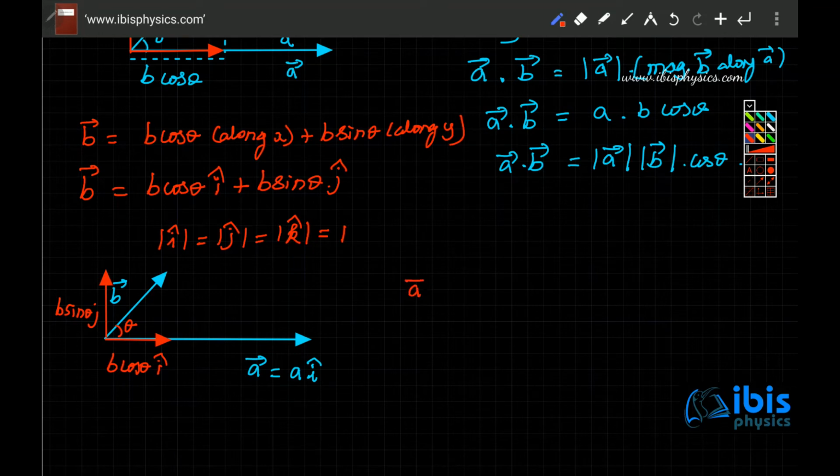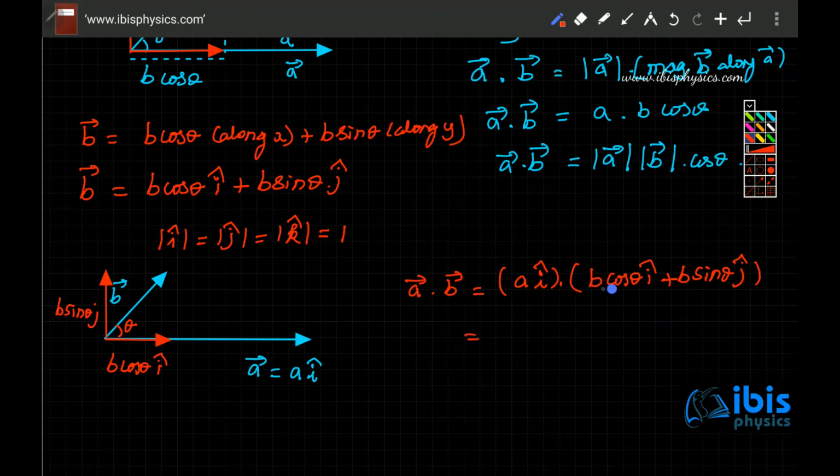Then A vector dot B vector: A vector can be written as A i cap, and B vector can be written as B cos theta i cap plus B sin theta j cap.